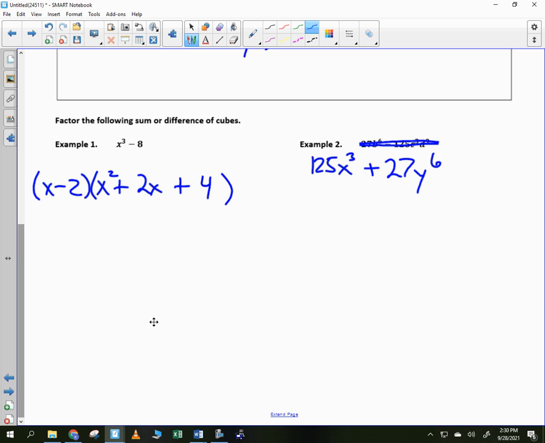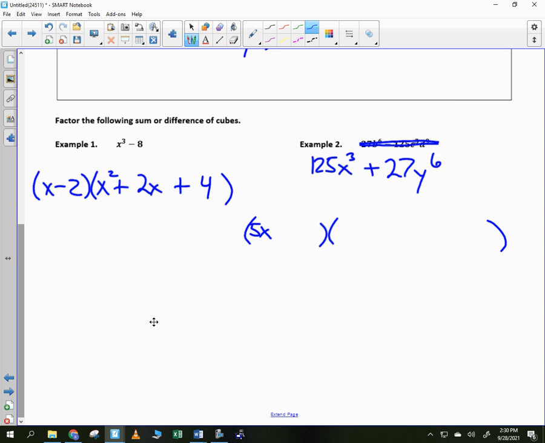Change the next problem to 125x cubed plus 27y to the 6th. What do you multiply by itself 3 times to get 125? 5. What do you multiply by itself to get x cubed?